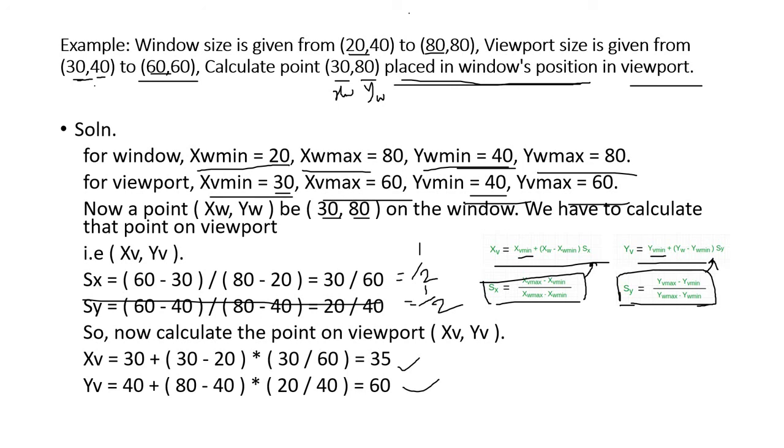So I hope you managed to understand whatever we tried to discuss today, the transformation from window to viewport. So whenever I am talking about window to viewport transformation, I am actually talking about the transformation from world coordinate to device coordinate, and we need to just transform the coordinates, put the value of the original point, and you will see how the effect of transformation of coordinate automatically affects the actual point in the world coordinate and it gets transformed into viewport coordinate.